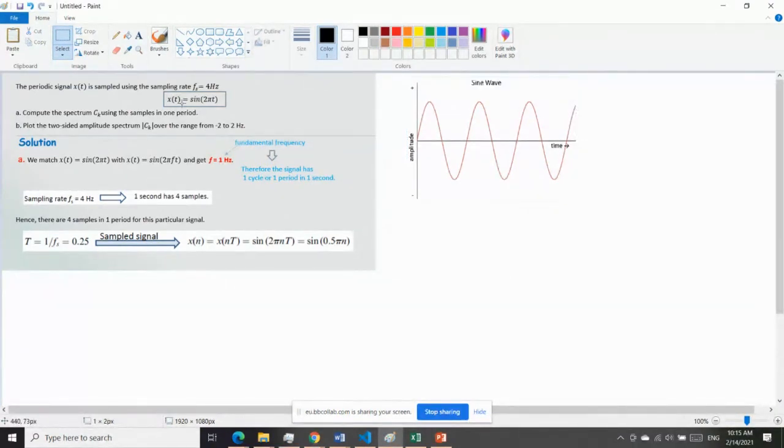So our curve is sine of 2 pi t. At 0, it will be 0.